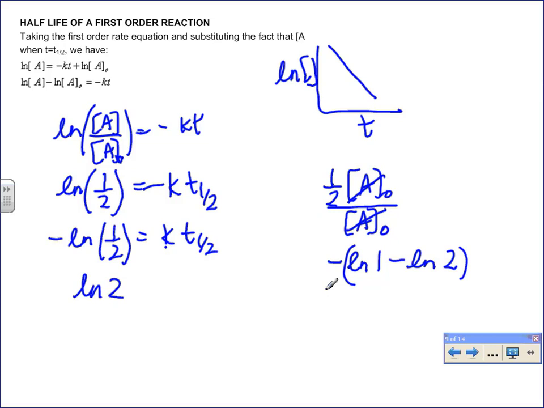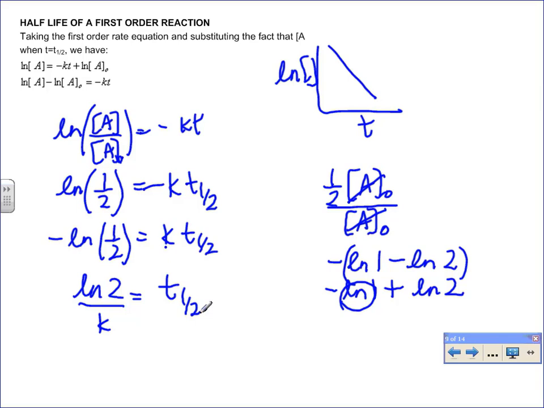So then this is negative ln 1 plus ln 2. And ln of 1 is 0, so we're left with ln 2. And so we've got that relationship, and then I move the k over, and that gives me the t half.